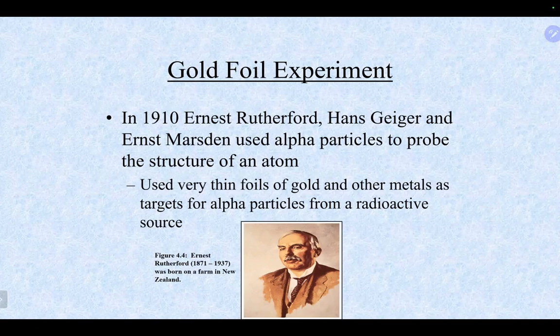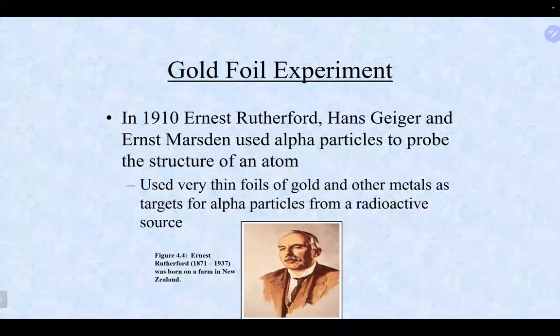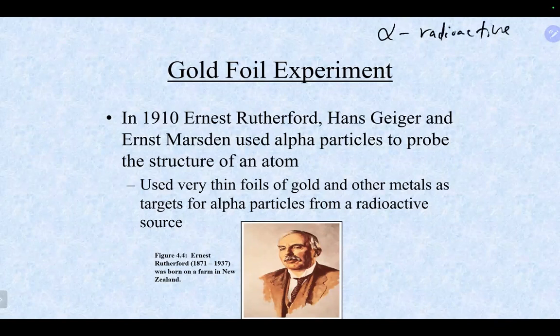Basically, they took pieces of gold foil and other metals, and they shot alpha particles at them. Alpha particles are radioactive, positively charged particles. They're essentially helium nuclei.